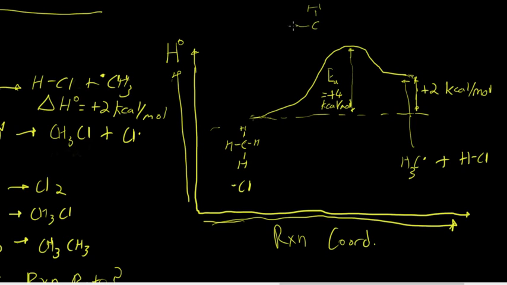So you'll have partial binding to the chlorine. You can think of it as halfway between your reactants and products. It's not necessarily halfway. It depends on whether the transition state's an early or late transition state.